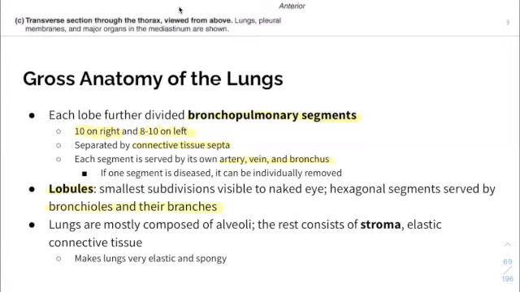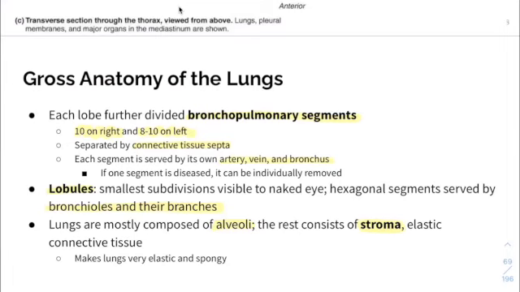We've talked about how the lungs have alveoli because that is where the gas exchange happens. The rest of the area that is not alveoli is considered stroma, and that's elastic connective tissue. We'll look at the lungs in the cadavers. I know we looked at one when we were trying to find hearts.